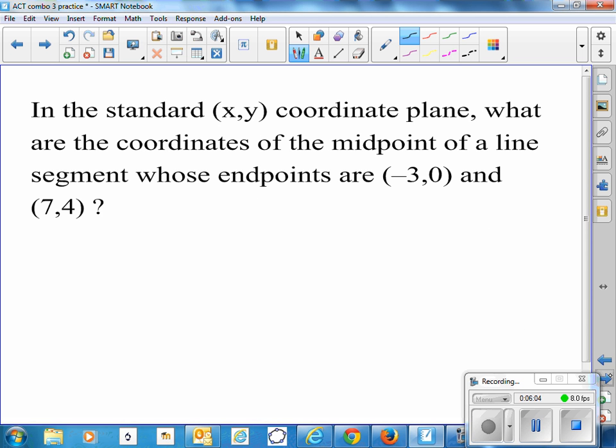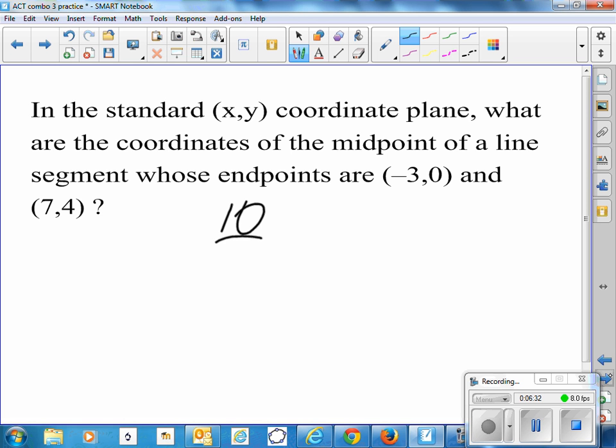In the standard XY coordinate plane, what are the coordinates of the midpoint of a line segment whose endpoints are -3, 0 and 7, 4? Well, let's look at the X pieces first. Going from -3 to 7. That is a distance of 10.